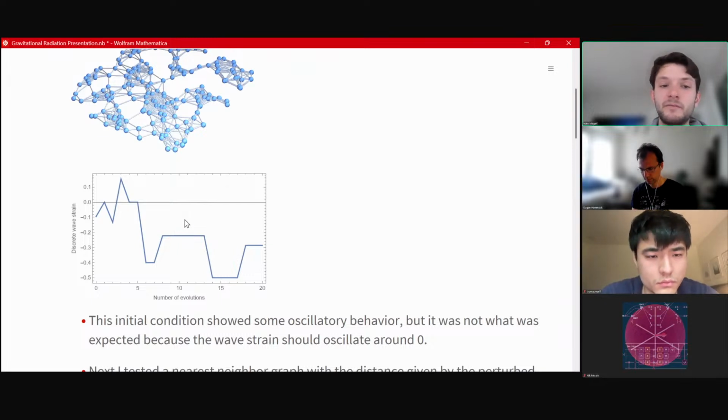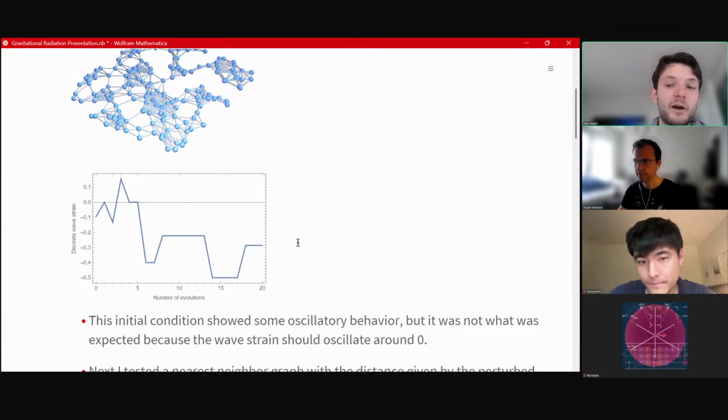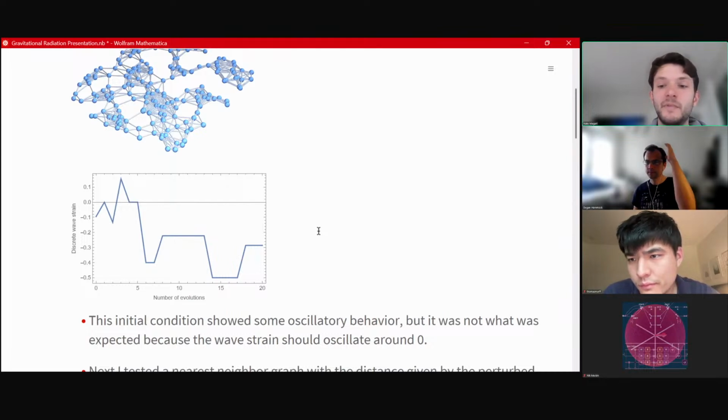But the main limit with this whole project for me was that the computational time was just very expensive, especially because this rule is a little bit more involved than a lot of the Wolfram models. It's searching for a pattern of 6 vertices connected in a certain way.